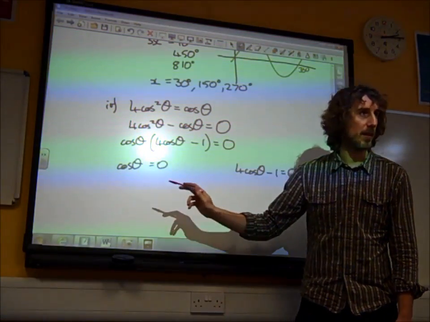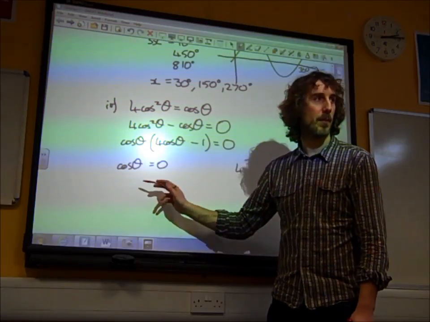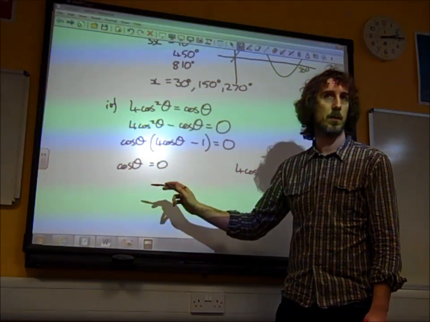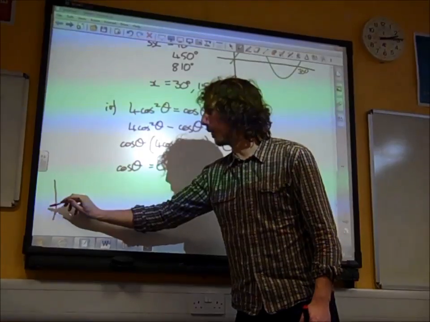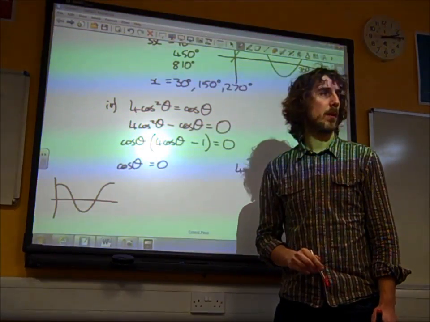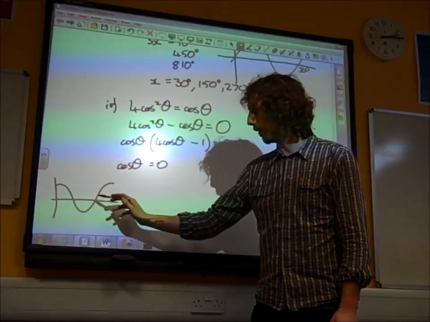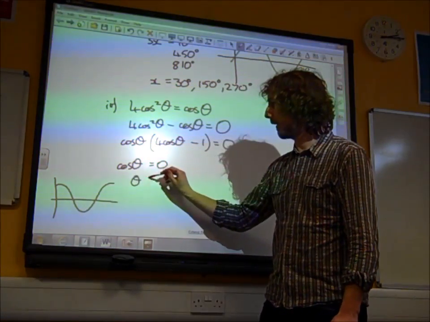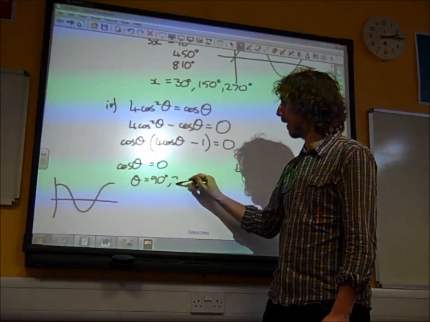So if cos theta is 0, what values of theta does that give us? Yeah, we might be best looking to the graph. What values do we get from cos theta being 0? Well, that's 90 and 270.